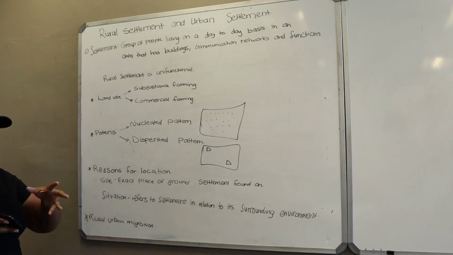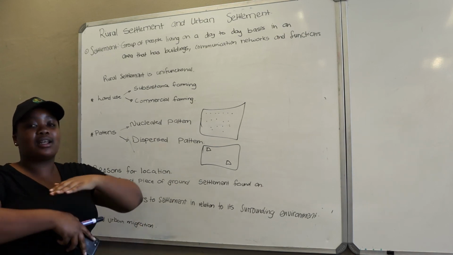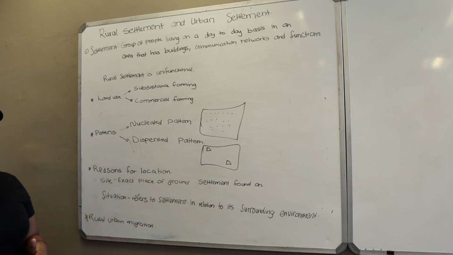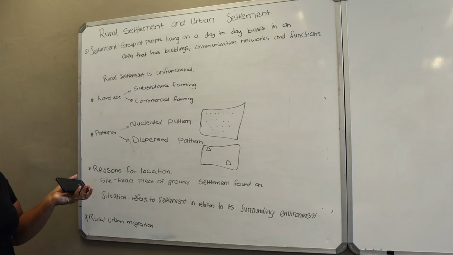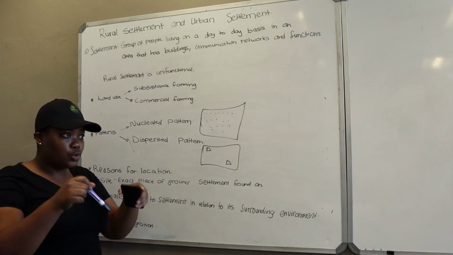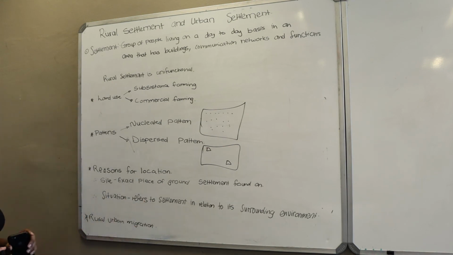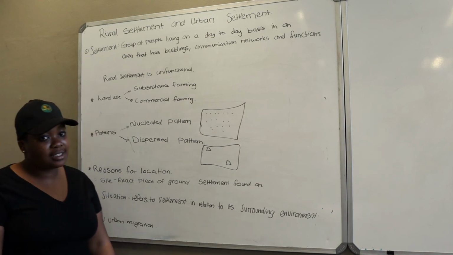So where you are situated, you need to look at what's in your surroundings. You wouldn't want to be located next to the river because anything can happen that will compromise your settlement. The last one was rural-urban migration, which was the push and pull factors.